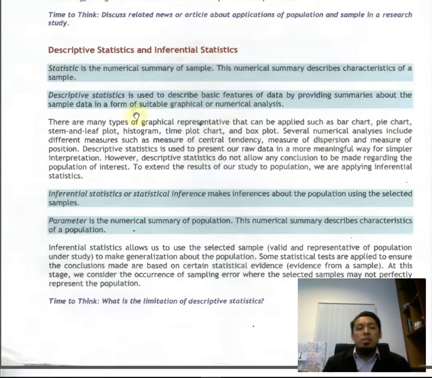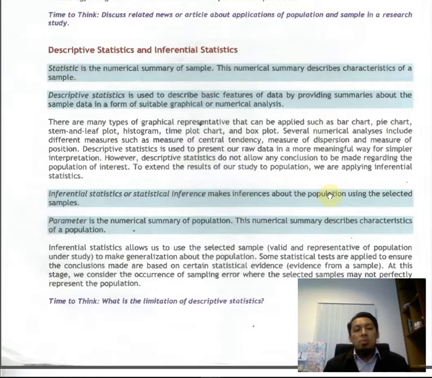And we have inferential statistics. Inferential statistics is about inference, where we are going to make a decision about the population using samples.